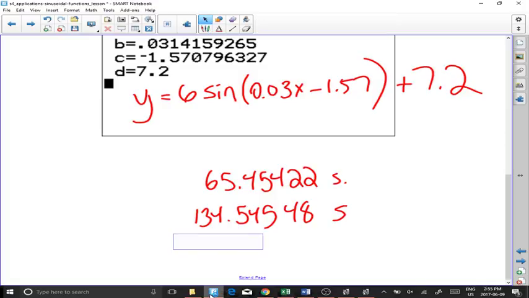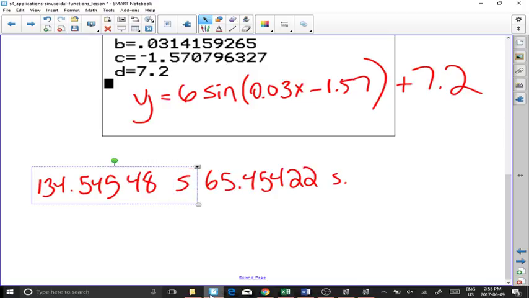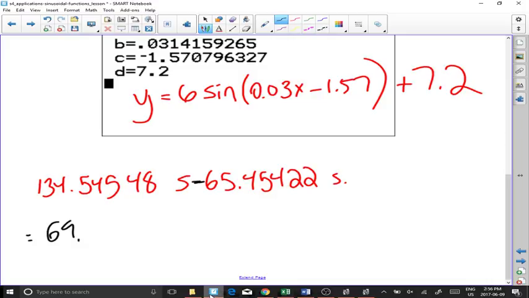So what we need to do is take these two numbers and subtract them. When we subtract these two numbers, that's going to give us the time at which it is 10 meters or higher off the ground. So what we're going to get is 69.09.